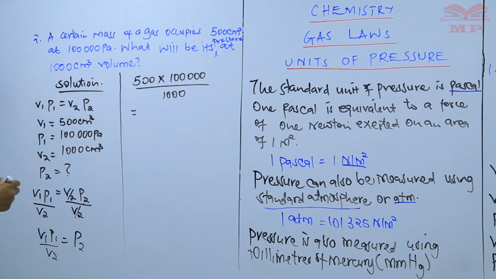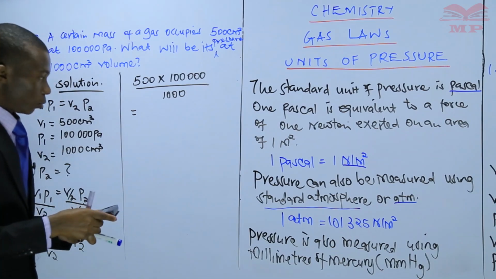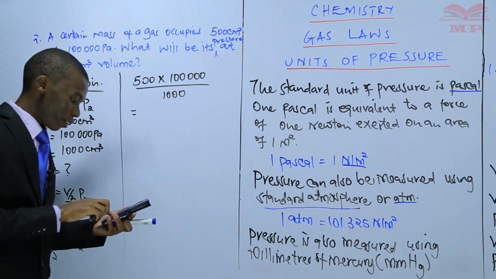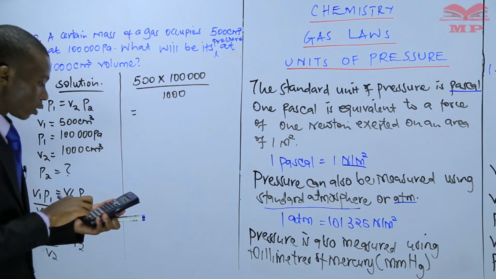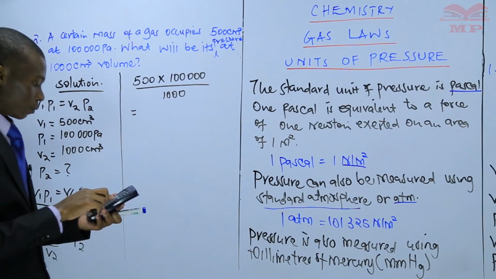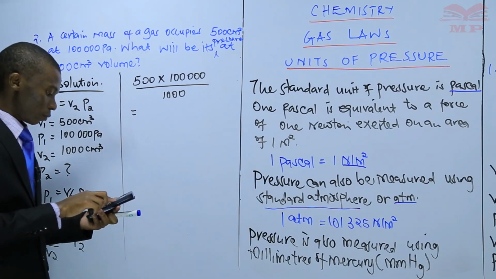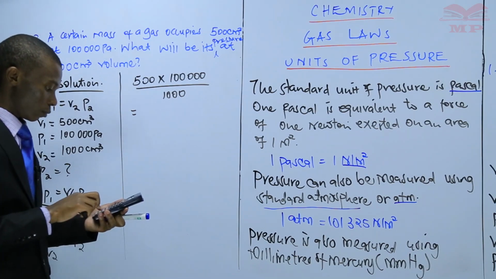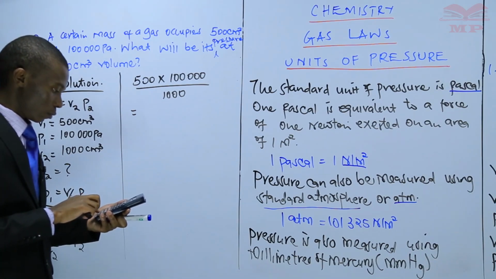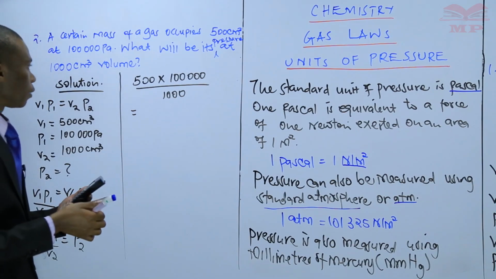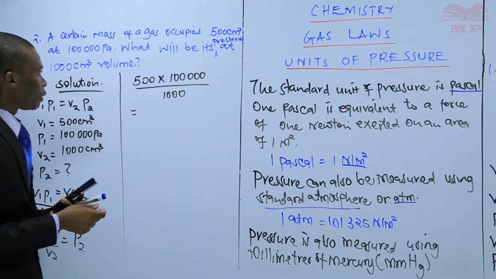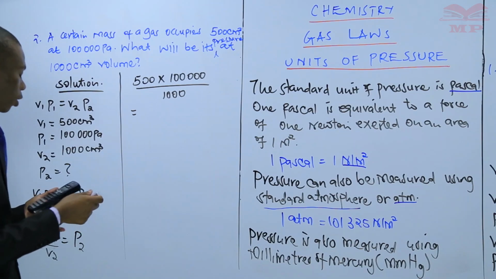Therefore, if you do the calculation using your calculator, that is 500 times 100,000, that gives you 50 million.